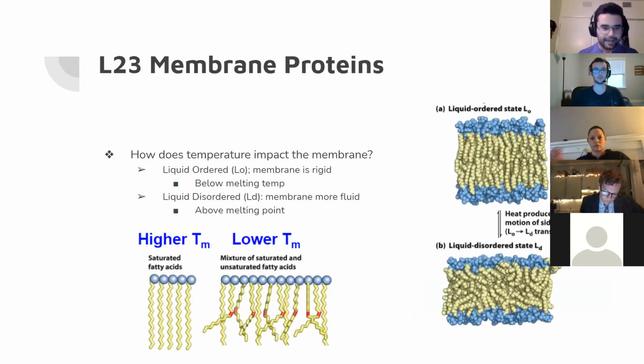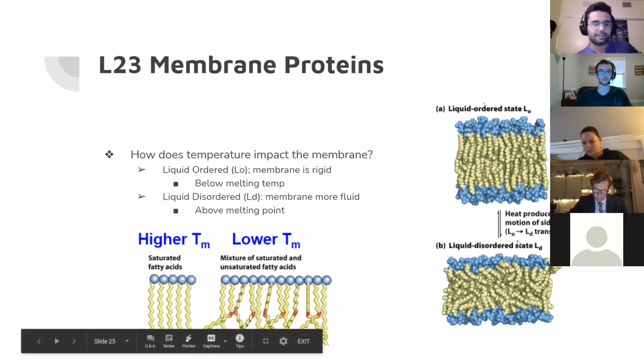Lecture 23. So now that's when our fatty acids and those unsaturated ones are going to come in. This lecture, our membrane proteins. So how does temperature impact our membranes? For the most part, our membranes are in this kind of equilibrium between disordered and ordered states, so our LO and our LD, okay? So it's in this equilibrium.